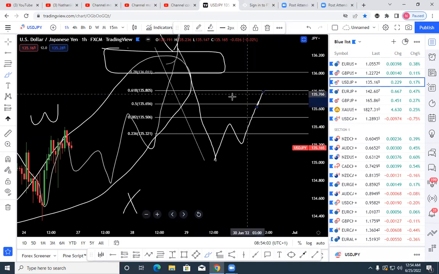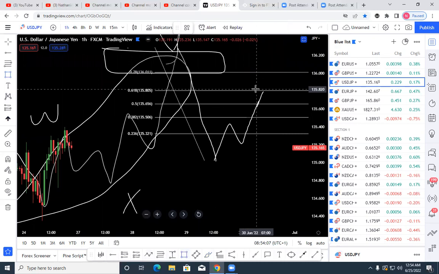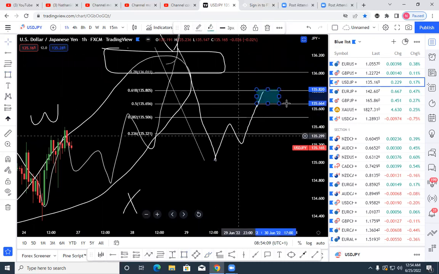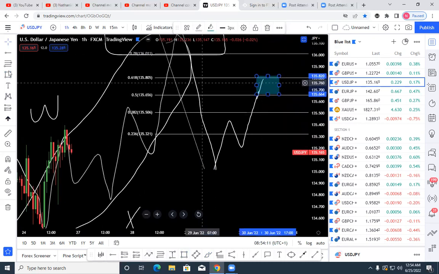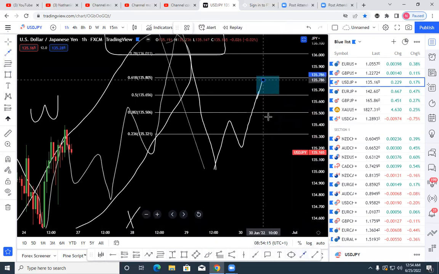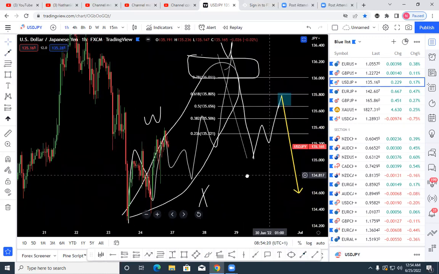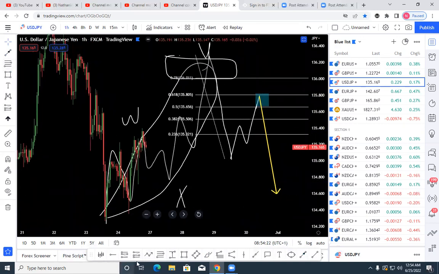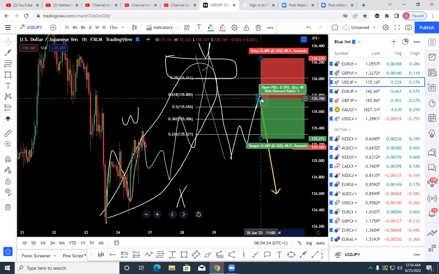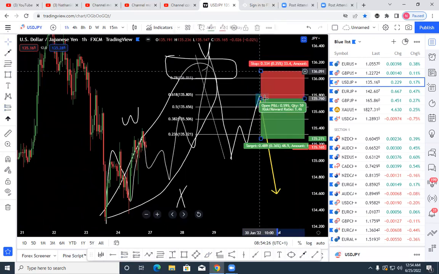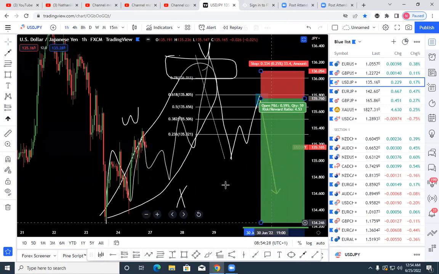It can end at 0.5 to 0.618 here, real quick, guys. And then this is the level you are going to make your entry to the downside. Can you see? You are going to make your entry at this point. Boom. Stop loss above 78. Make a move to the downside.